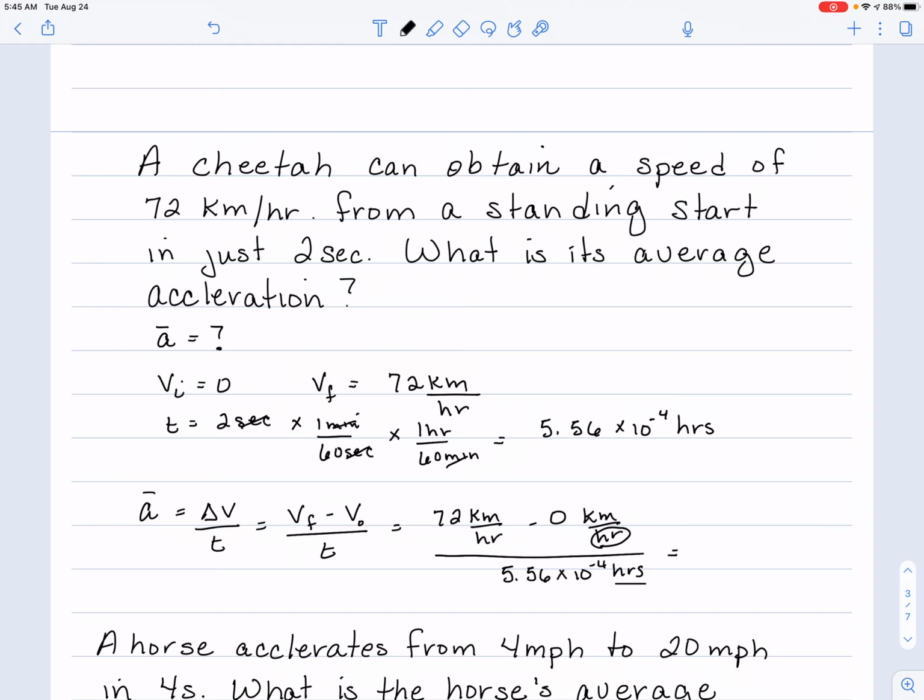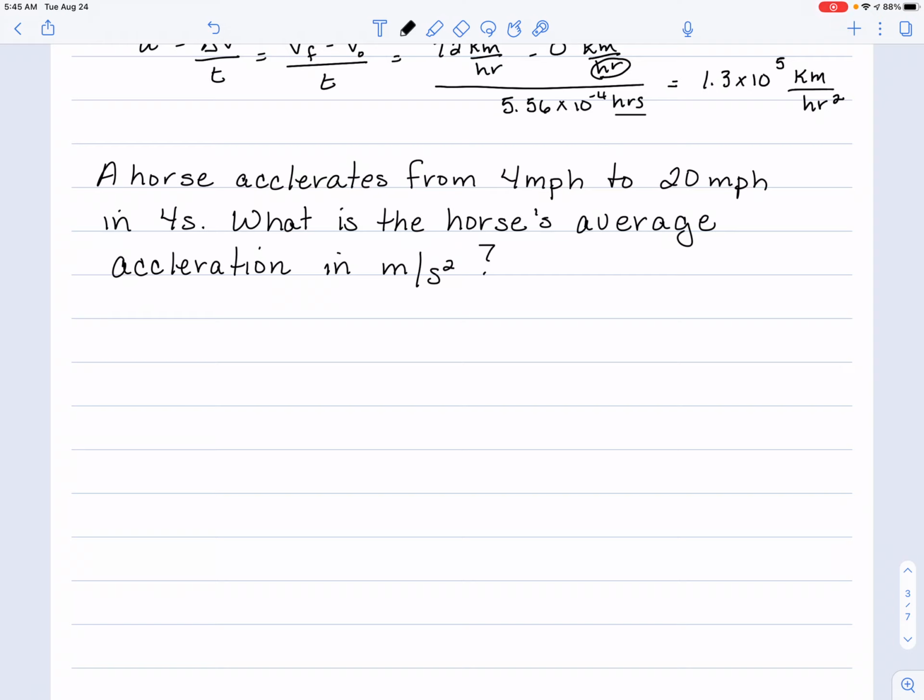So in this one, we have a horse accelerates from 4 miles per hour to 20 miles per hour. Okay. What is the horse's average acceleration in meters per second squared?